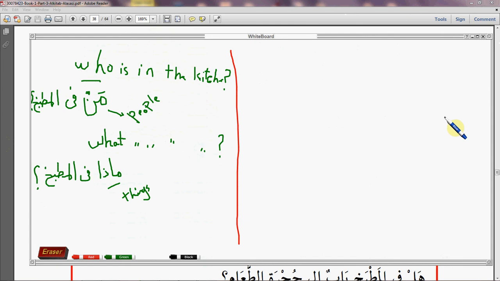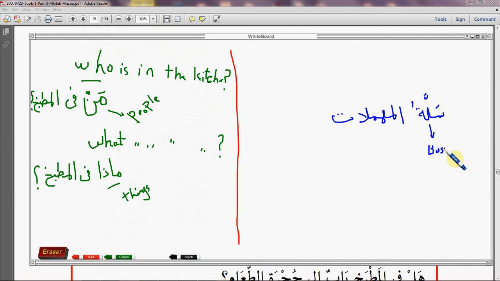When I say سلة المهملات, سلة as a word means basket.